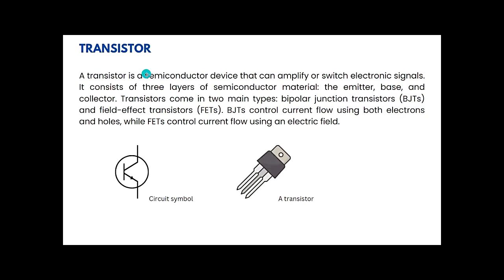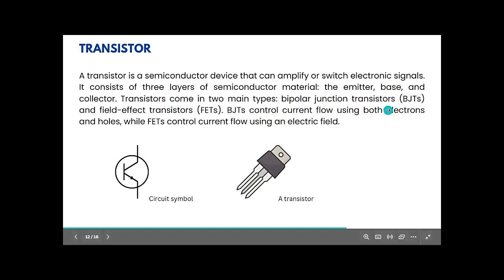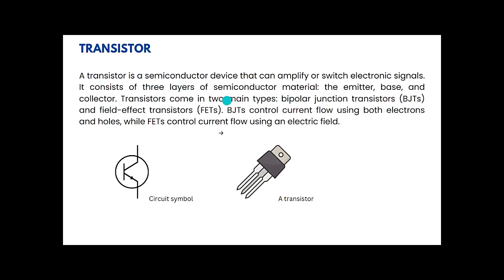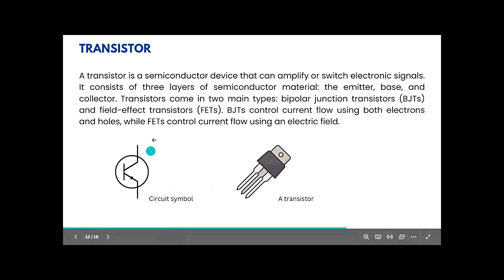So the other type of semiconductor device is a transistor. Transistors are semiconductor devices that can be used as an amplifier or as a switch, to switch electronic signals or to amplify electronic signals. There are three layers of a transistor: the emitter, the base, and the collector.